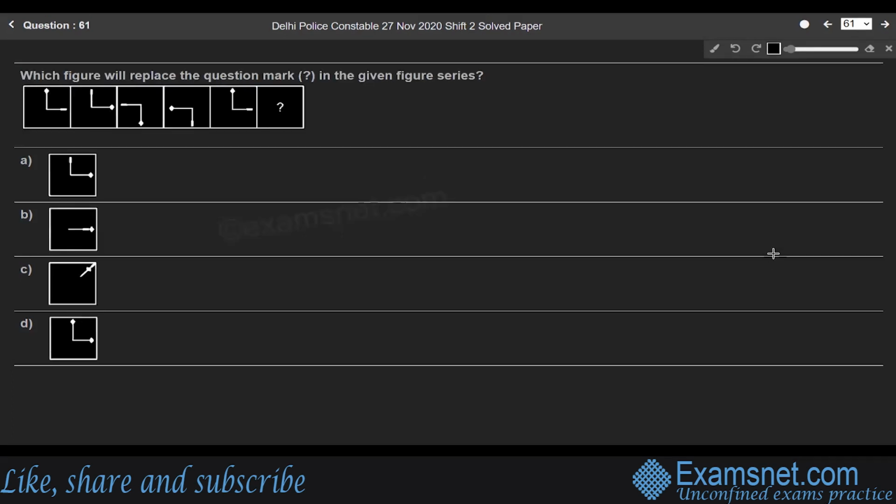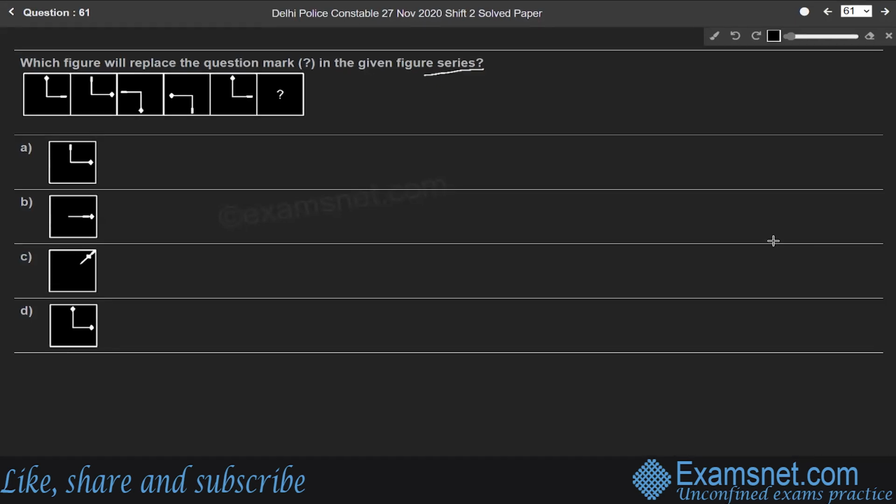Question 61. Which figure will replace the question mark in the given figure series? So the series is like this. In the first two figures, the positions of rhombus and rectangle are interchanged. Look at the first figure and the second figure, where the rhombus place is interchanged and the rectangle place is also changed, right?